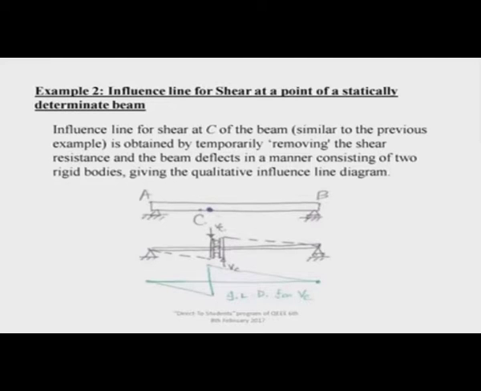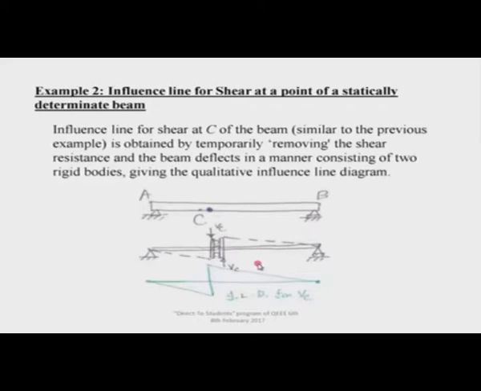It was much easier with the reactions. Now, it is to be tested with the shear. So, the influence line for the shear at C of the beam, similar to the previous example, is obtained by temporarily removing the shear resistance, and the beam deflects in a manner consisting of 2 rigid bodies, giving the qualitative influence line diagram. Now, here there is a catch.